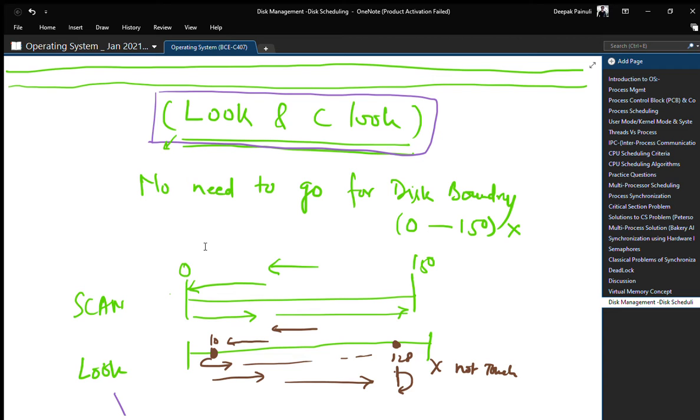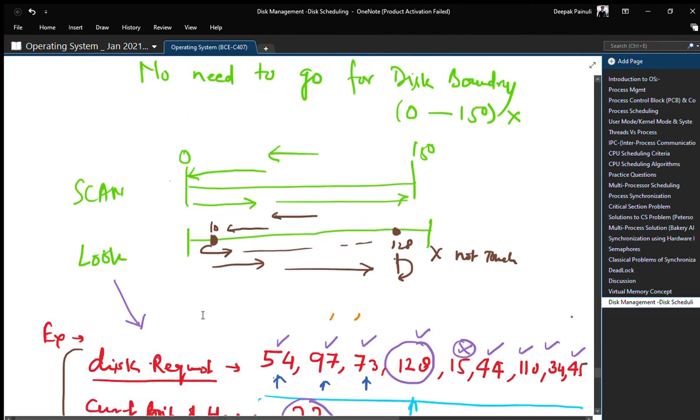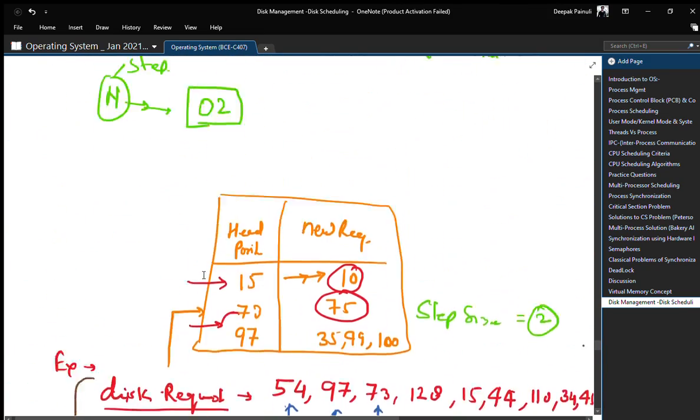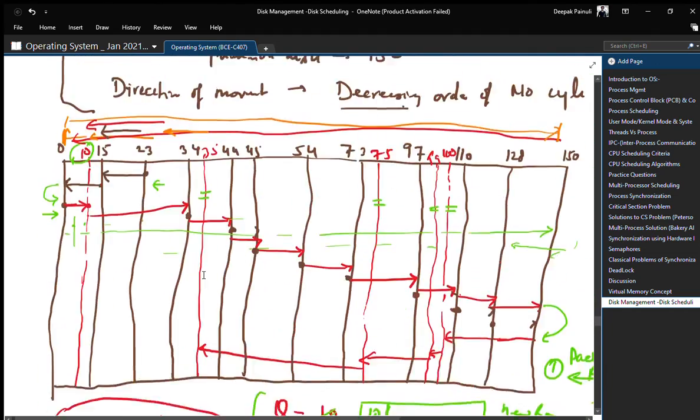So using LOOK and C-LOOK you can avoid those extra movements of the head which are introduced by touching both boundaries in a single pass, right? So this is all about LOOK and C-LOOK, and our disk scheduling algorithms have been completed.